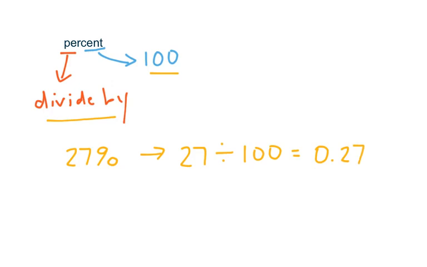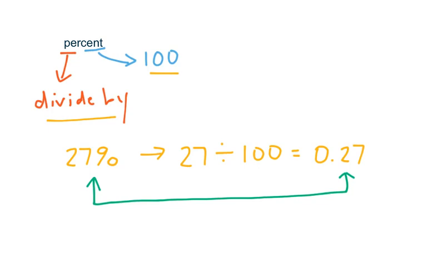And so we've got two things that are equivalent to each other: 27% written as a percent and then written as a decimal, 0.27. Dividing by 100 will always work when we want to convert a percent into a decimal.